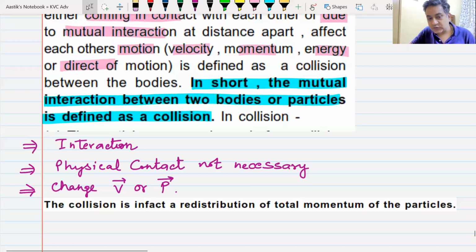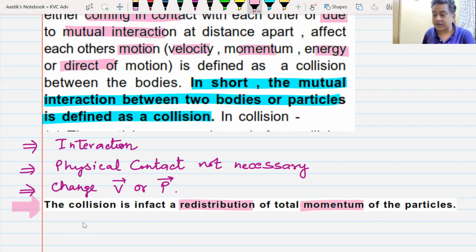Collision is a redistribution of the total momentum of the particles. The momentum of the particles get redistributed in a collision. Do we understand this? Yes, sir.